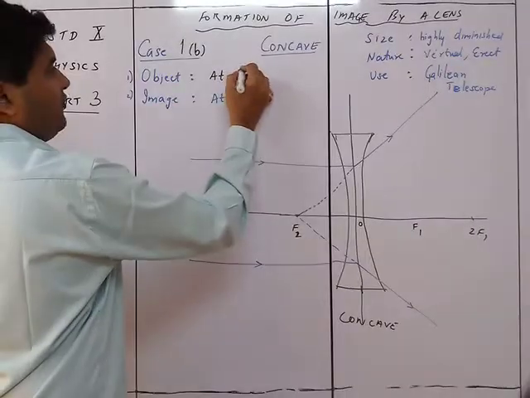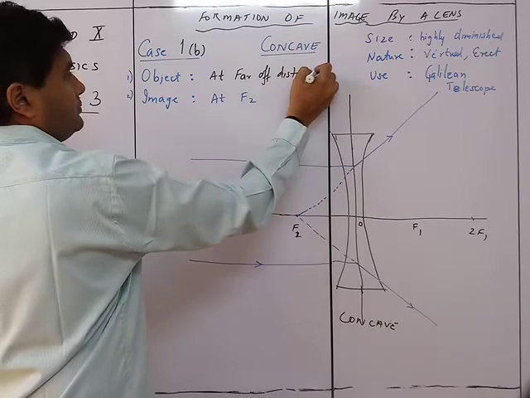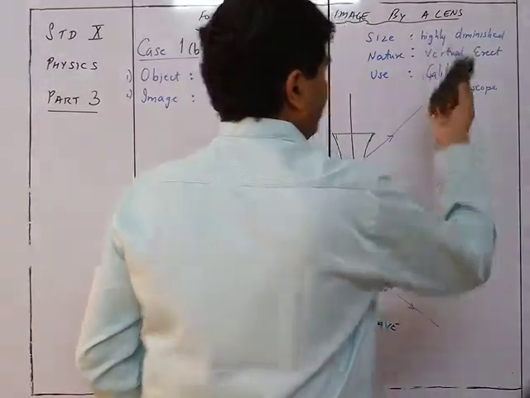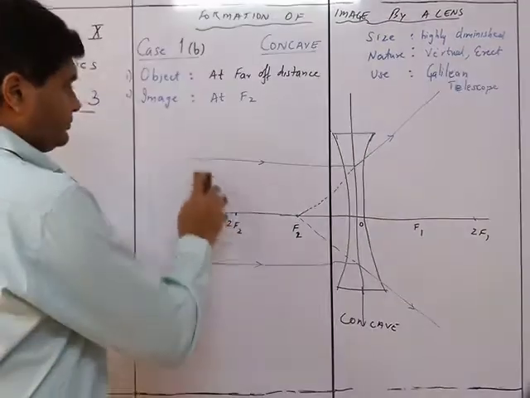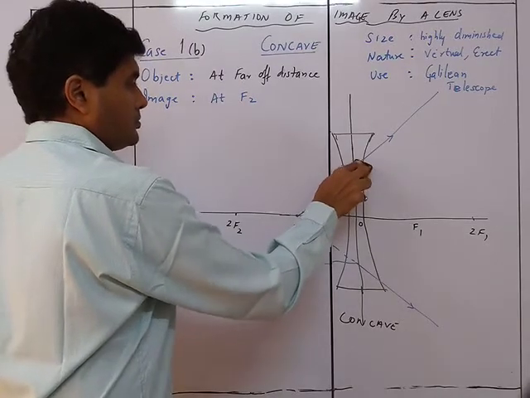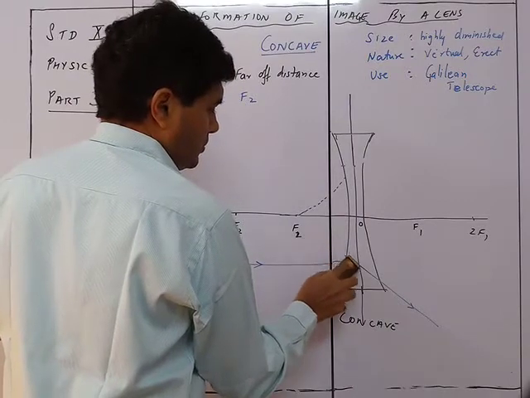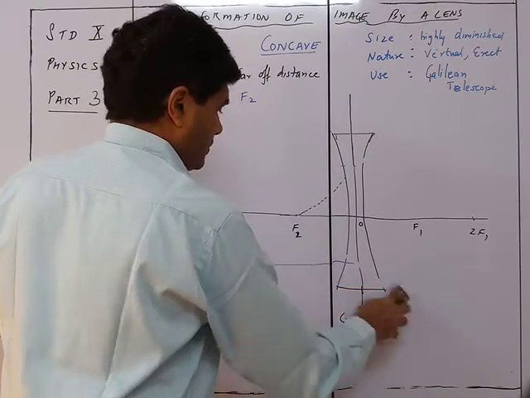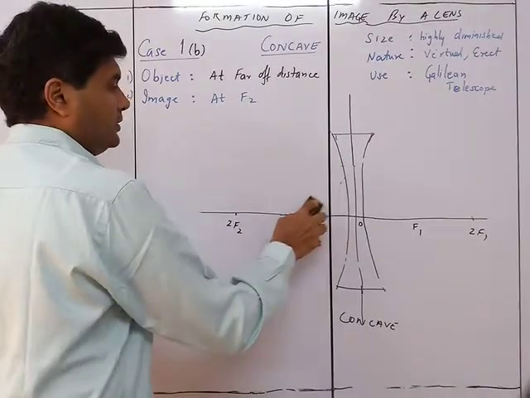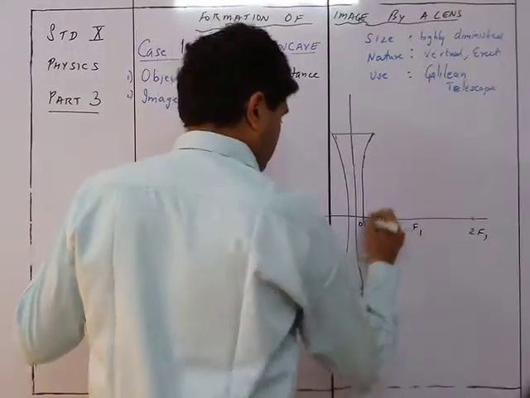At far off distance, we'll keep everything the same because it is going to be the same. Okay, so we have this particular figure, now the original part, and then I'll just redo this.